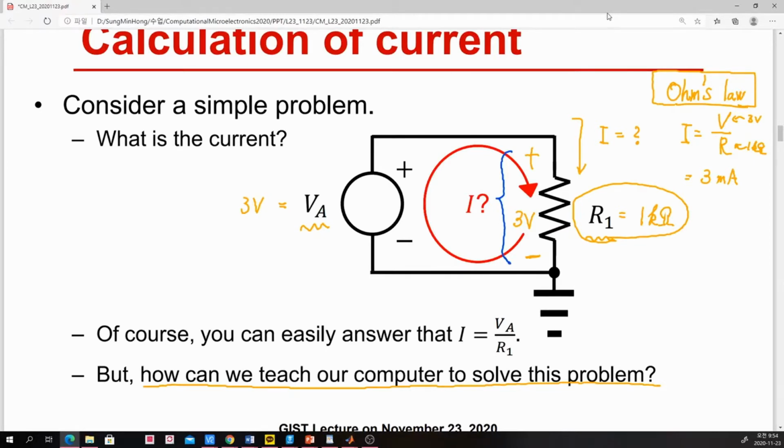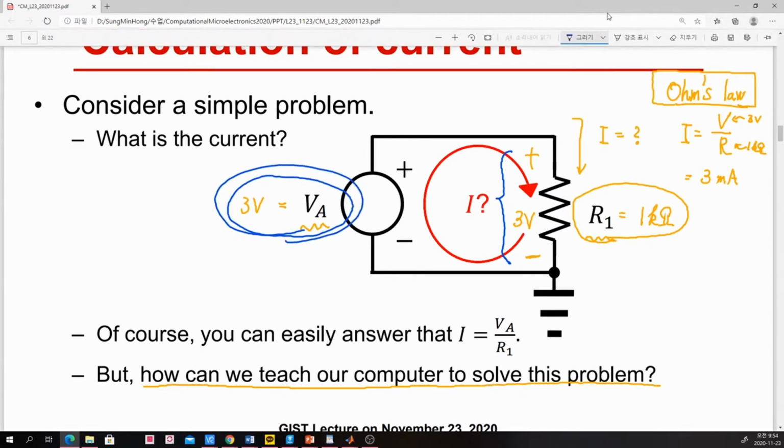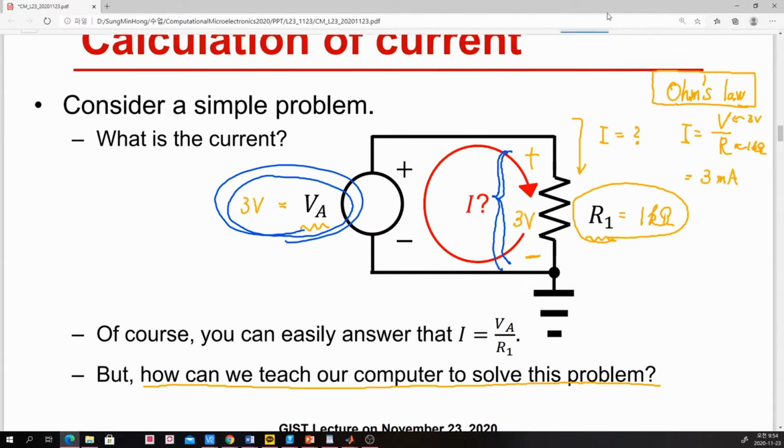But how can you understand this? Of course, we can easily understand. Here we have 3 volt. Since this is 3 volt, the voltage difference between the two terminals of our resistor should be 3 volt. To us, that is quite intuitive and really easy to understand.